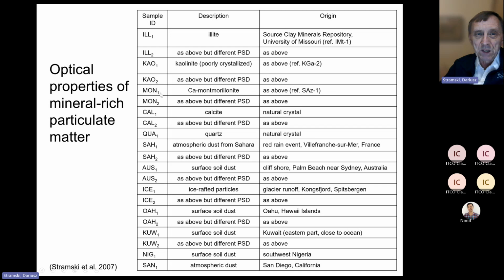Several mineral species such as zeolite, kaolinite, calcite, or quartz, or natural assemblages of particles dominated by mineral particles that originate from different regions on Earth, like atmospheric dust from Sahara, or particles in polar regions that are introduced by melting ice, or particles originating from soil that can end up in the ocean either through atmospheric deposition and transport, or with rivers and so on.